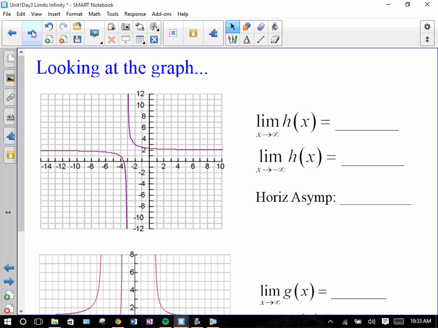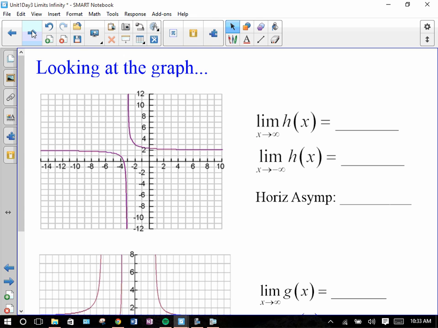Looking at the graph, we don't even care what the function is. It's just h of x. The limit as x approaches infinity of h of x: as we get further and further out here, what y value is this function coming down to? 2.